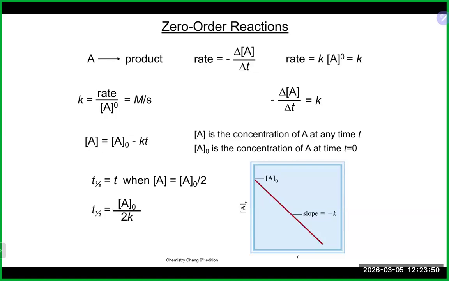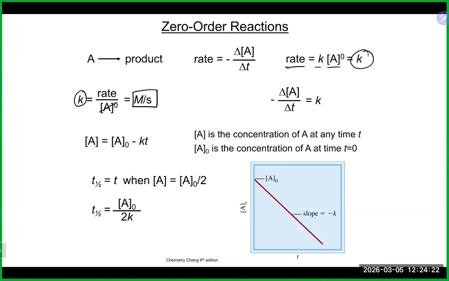You get a zero order reaction by having A to the zero order, which gives us a rate law of rate equals k times A to the 0, which means the rate law equals k. Since A to the 0 cancels out, the units associated with a zero order reaction are the same units you associate with just a rate: molarity over seconds.